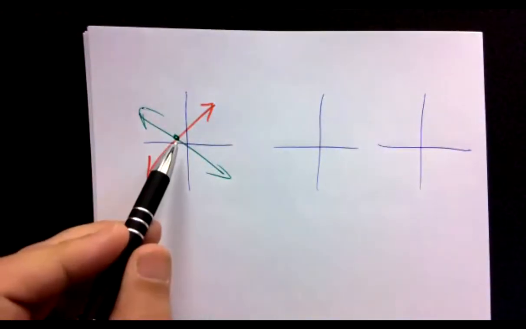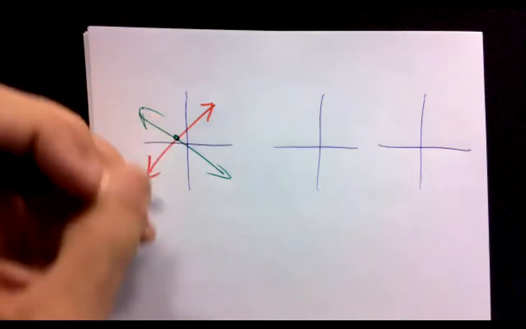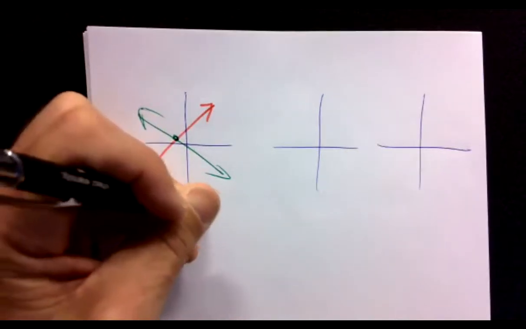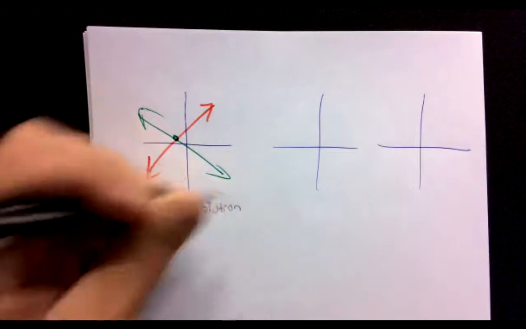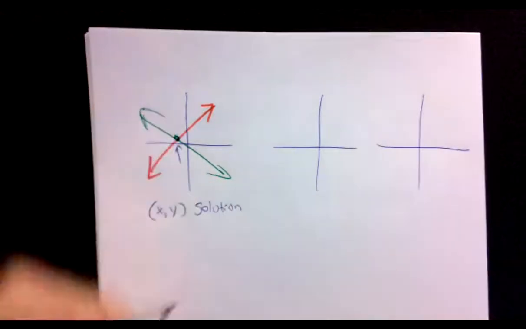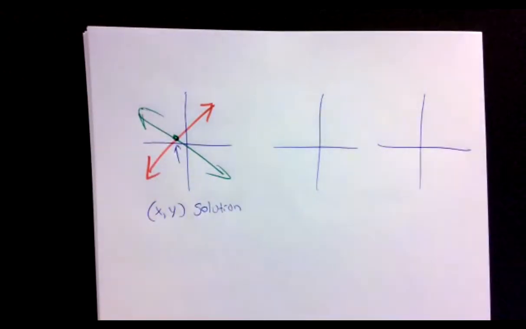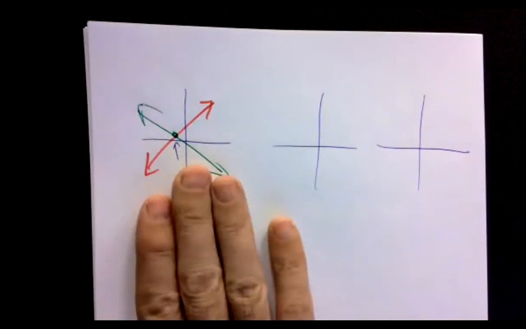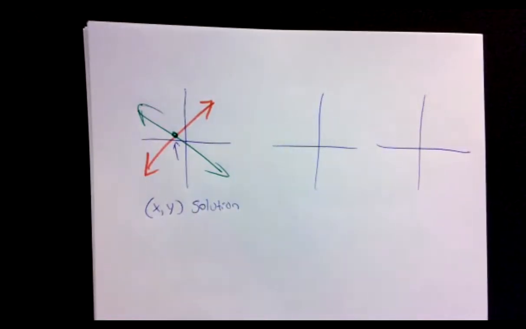If those two lines cross, that point of intersection is your solution. So you're going to get an x and y solution at that point of intersection. There's only going to be one solution. You're not going to have a line that's going to cross more than once. If they're straight lines, you're only going to get one solution. This is what's going to happen most of the time.